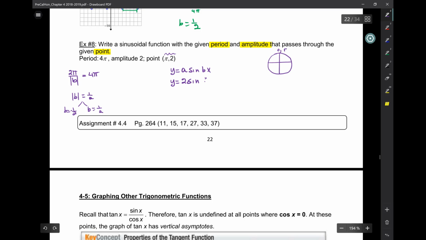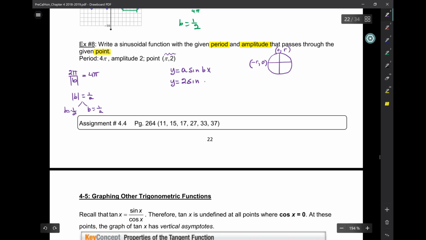X is 0, y equals r. Right? What is this point here? Negative r, comma 0, right? So which of these functions is going to make us pass through the point pi comma 2?